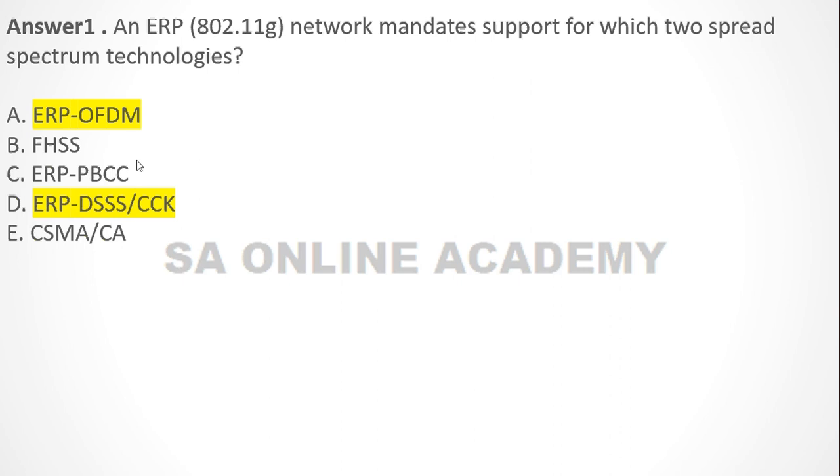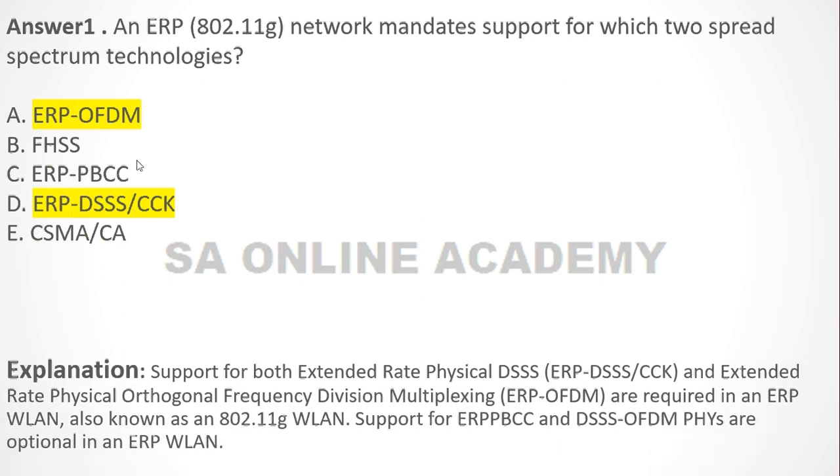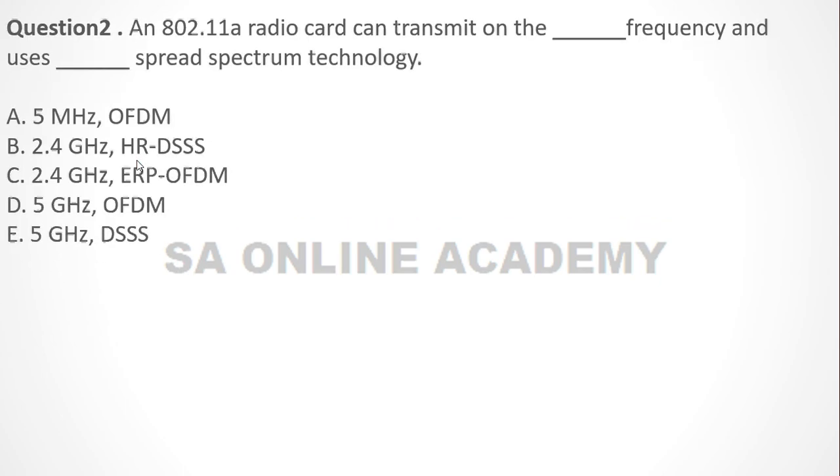So these two are mandatory to be supported by ERP networks, while ERP-PBCC and DSSS-OFDM are optional in an ERP WLAN.